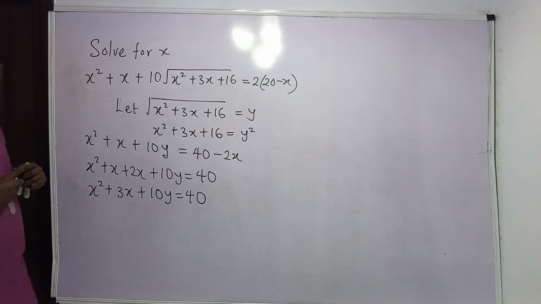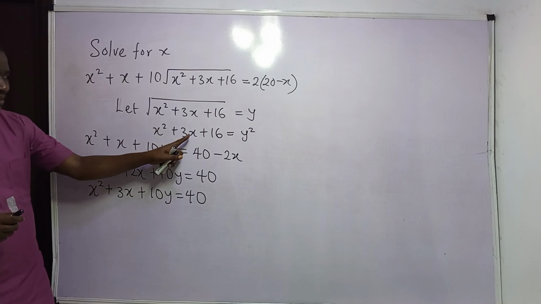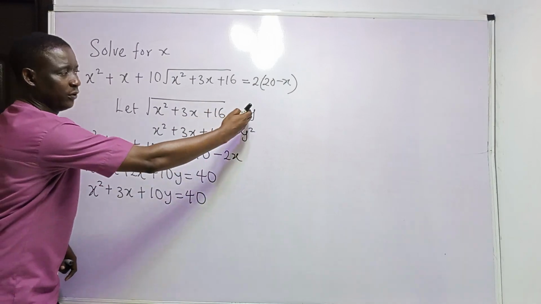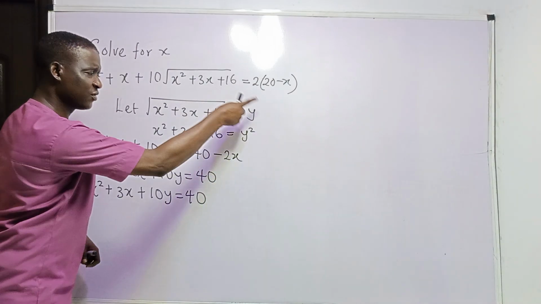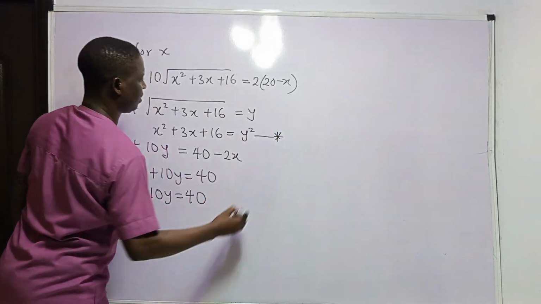Now, I'm seeing something here. This one is x squared plus 3x plus 16 equals y squared, when we square both sides of this equation. Let me call this one star.